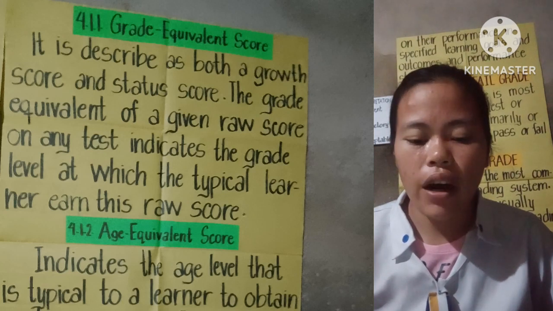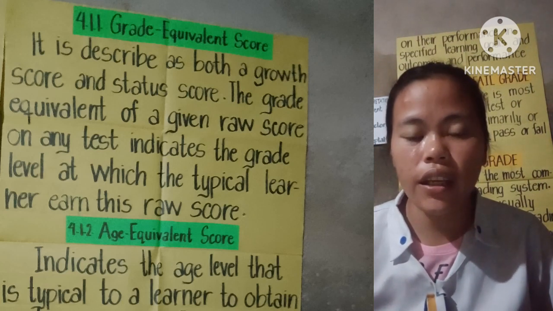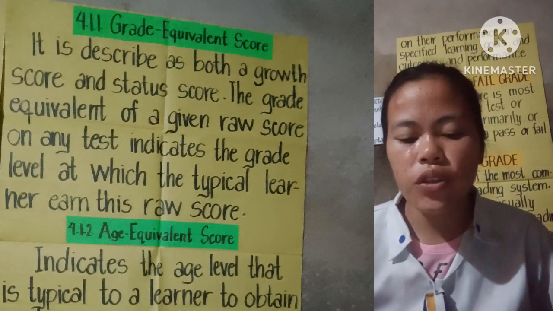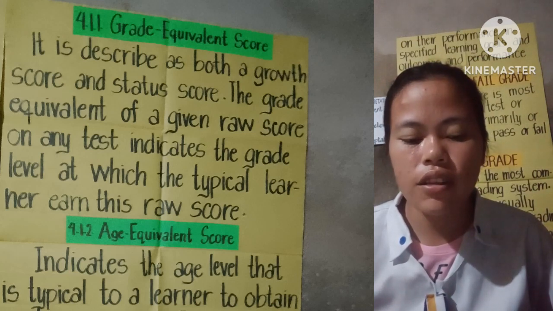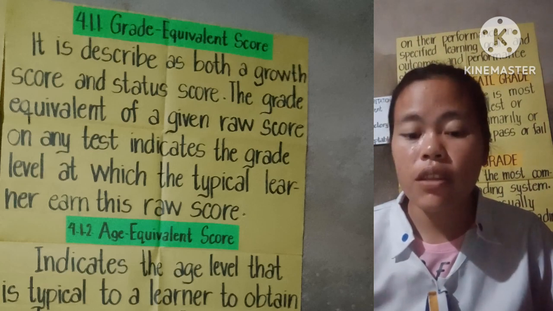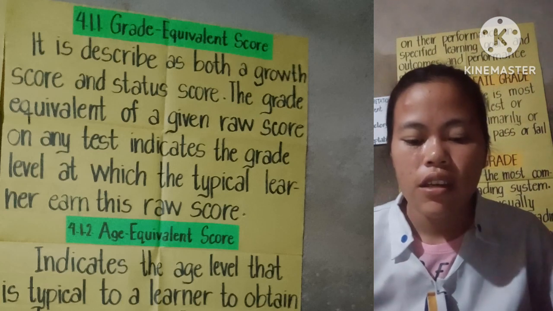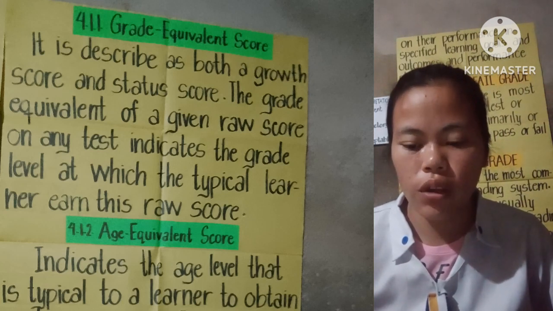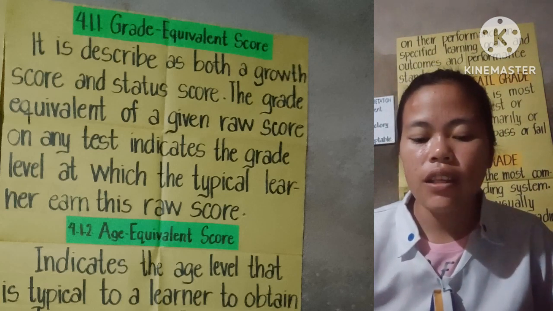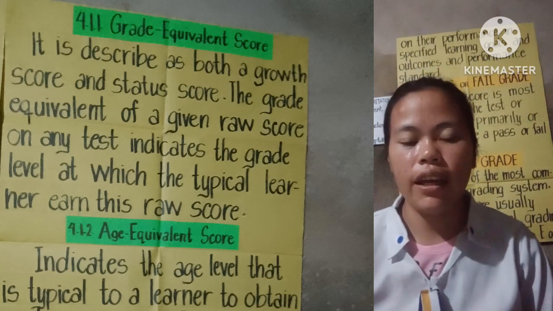It is described as both a growth score and status score. The grade equivalent of a given raw score on any test indicates the grade level at which the typical learner earns this raw score. It describes test performance of a learner in terms of a grade level and the months since the beginning of the school year. So a decimal point is used between the grade and month in grade equivalence.